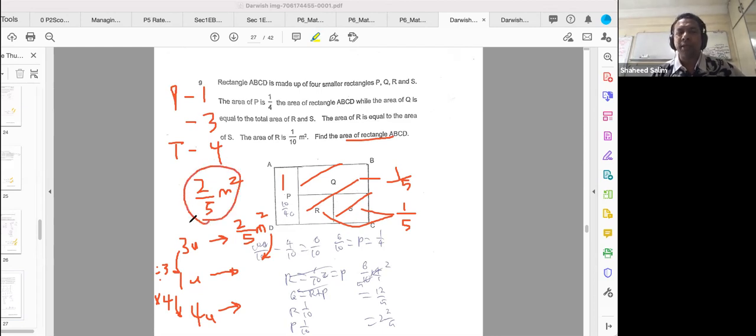This is 3 units because it's QRS. Are we okay? So you need to divide by 3. You divide by 3, you get 2 over 15. That is only for 1 unit. Now you need to times by 4. Why times 4? Because total is 4 units, right? So you get 8 out of 15.